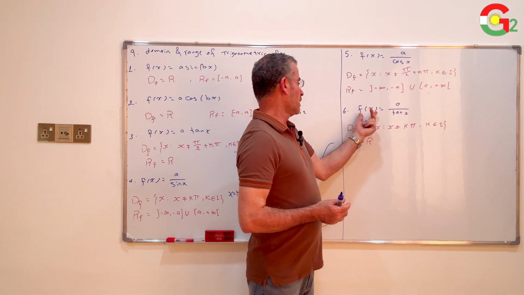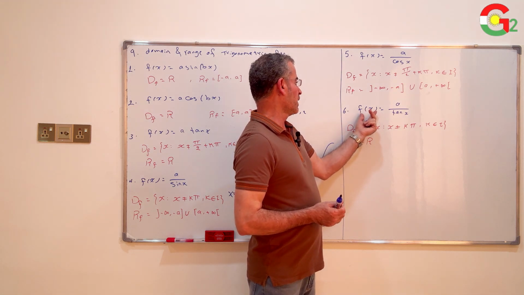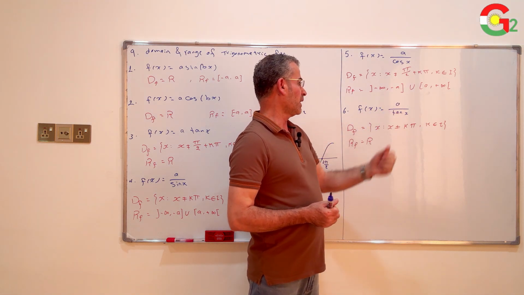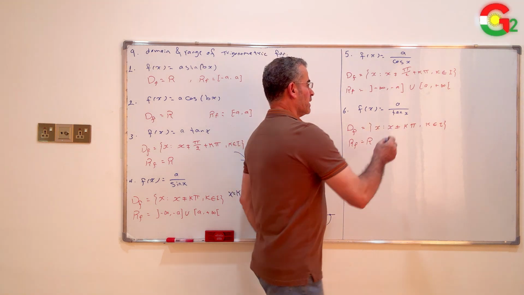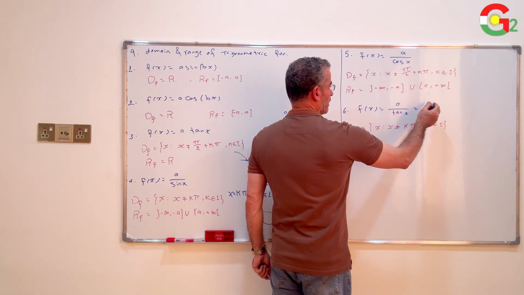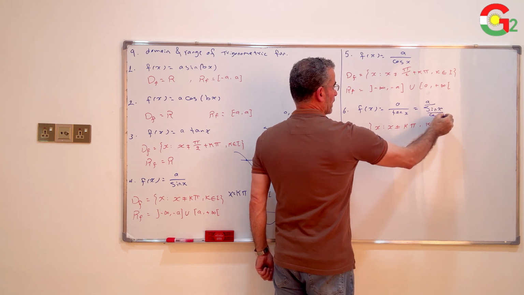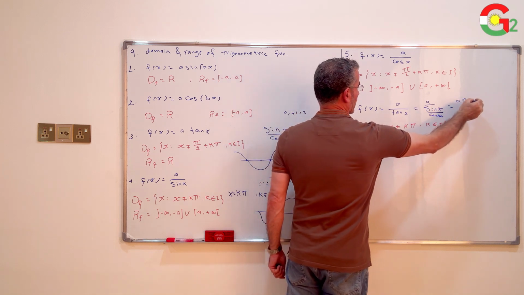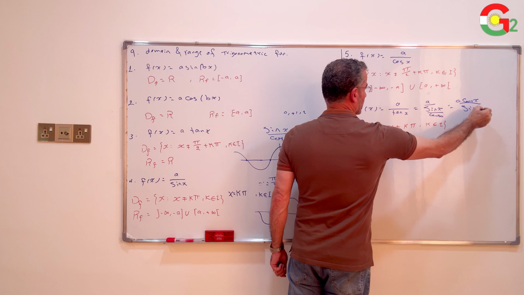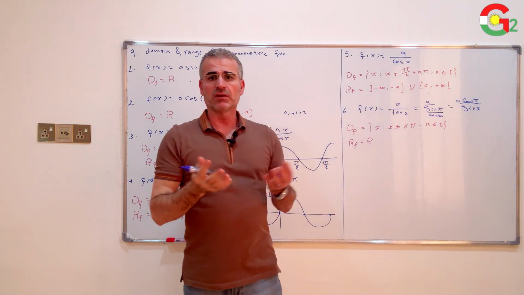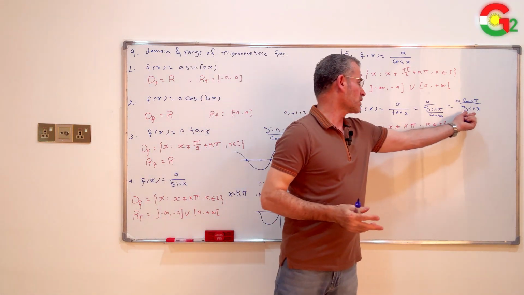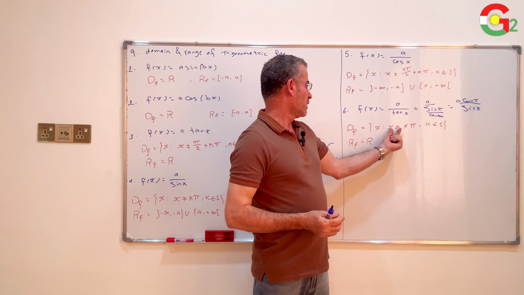The last trigonometric function, f of x equal a over tan x. Since tan is sine over cosine, then it will be a over sine x over cosine x, equal to a cosine x over sine x. Then the domain is all real numbers except those that make sine 0.